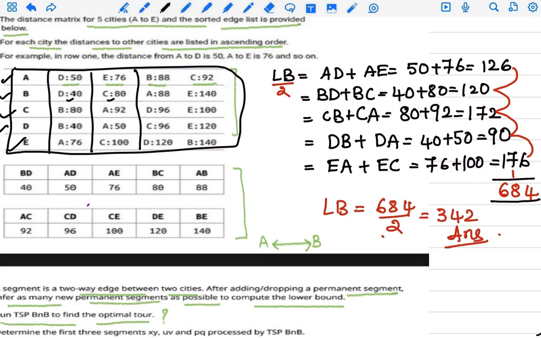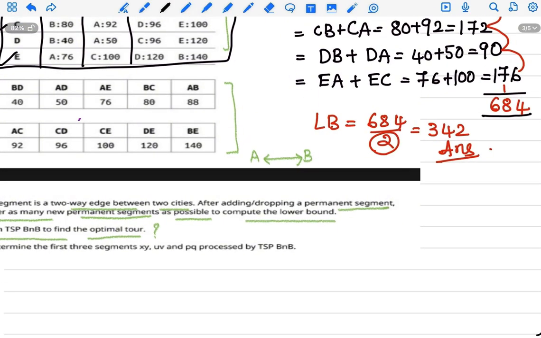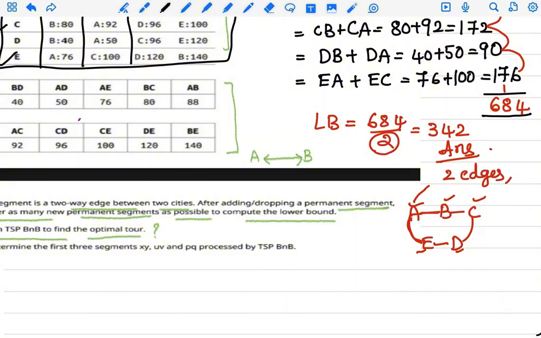Why are we dividing by 2? In the tour, for example, this is a tour A, B, C, D and E. There are 5 cities A, B, C, D and E, and every city is connected by 2 edges only, 2 edges and 2 nodes. So A has only 2 edges, right?